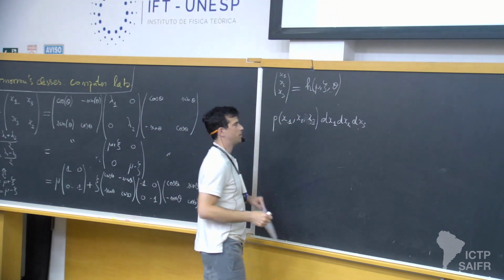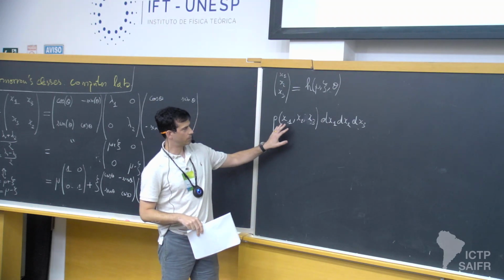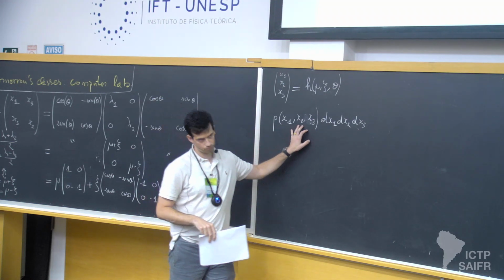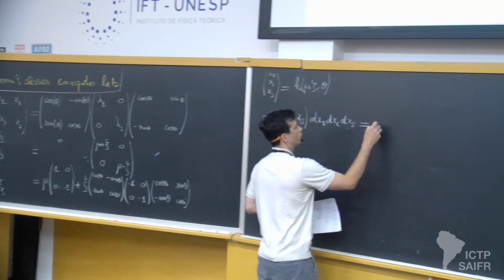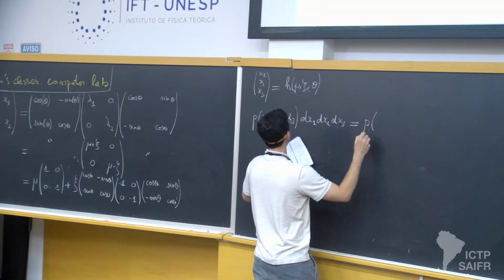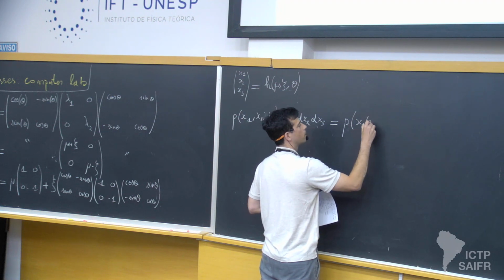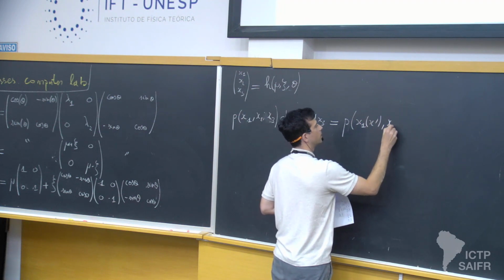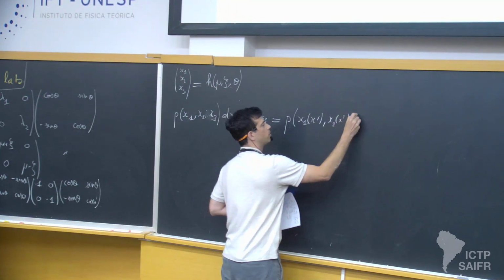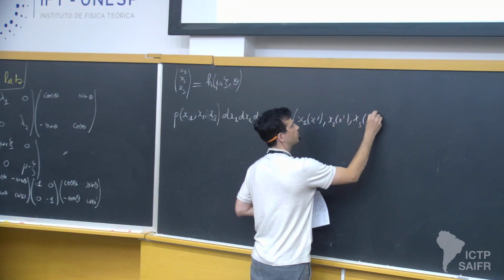This whole thing is the probability that you are in a volume element centered on those three variables, right? So you can see it as P of x1 of the new variables, x2 of the new variables, x3 of the new variables.